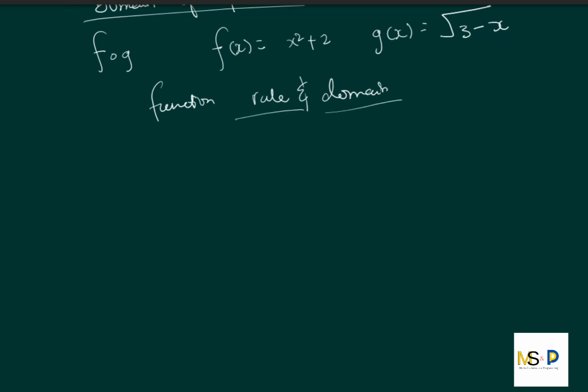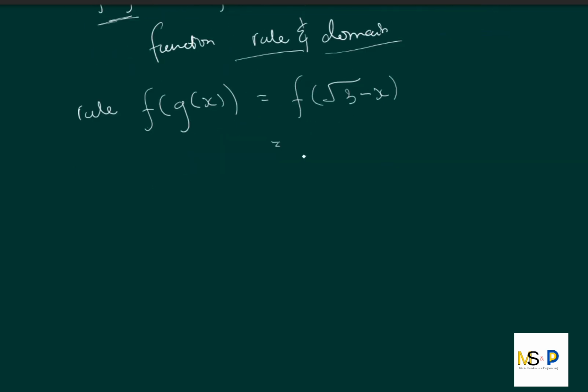So now we have this composite function and we want to find the rule, which is going to be f of g of x, which is f of the square root of 3 minus x.